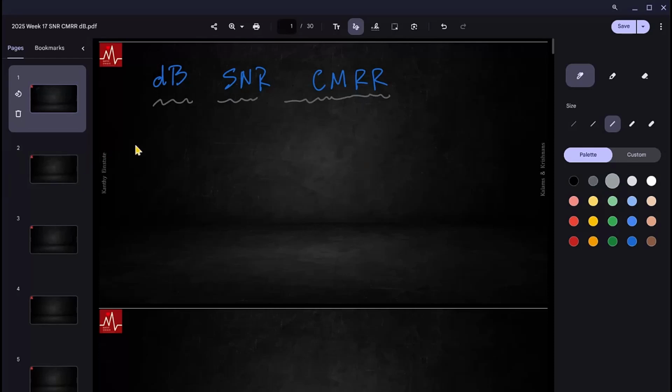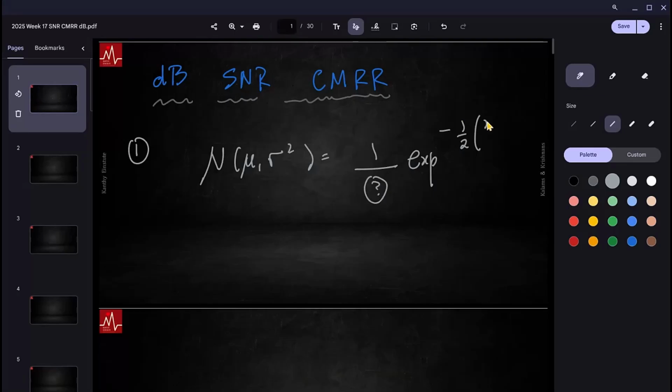Can anyone tell me this coefficient of a Gaussian or normal distribution? This is the coefficient of x minus mu by sigma whole square. Can anyone tell me this coefficient?